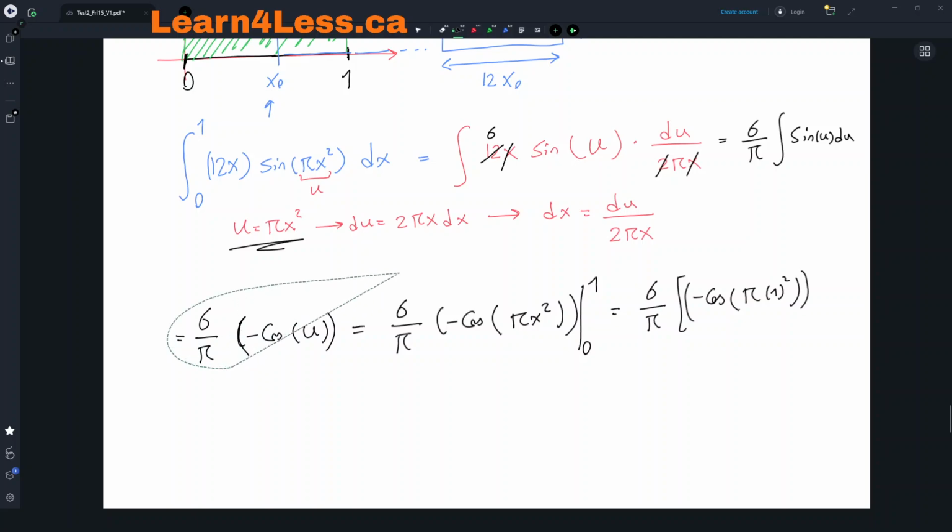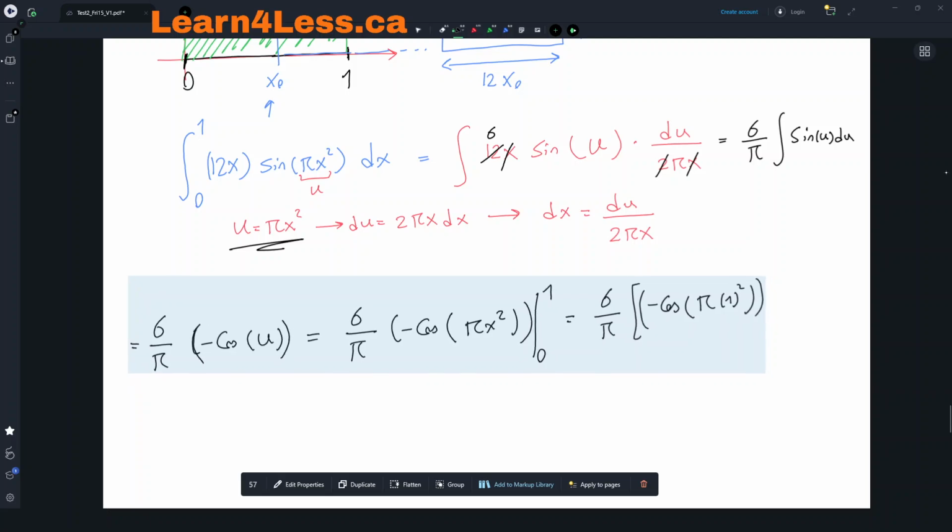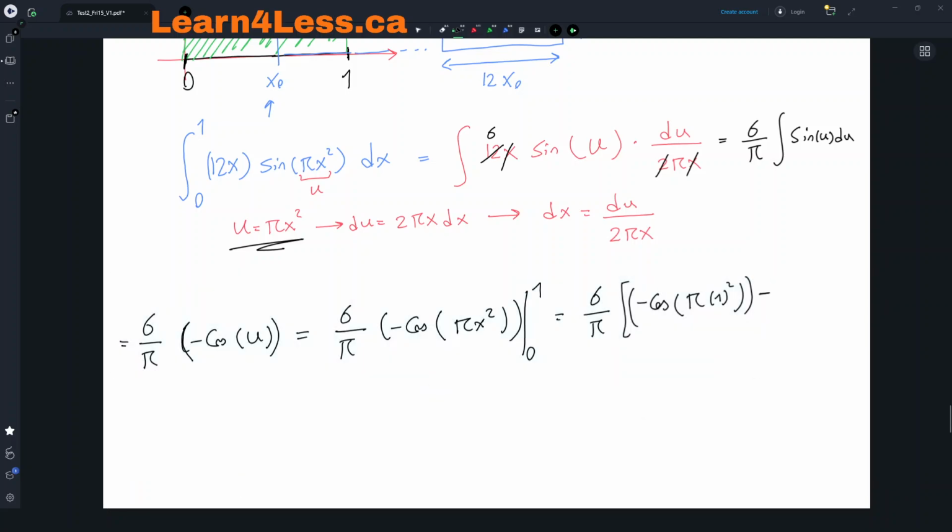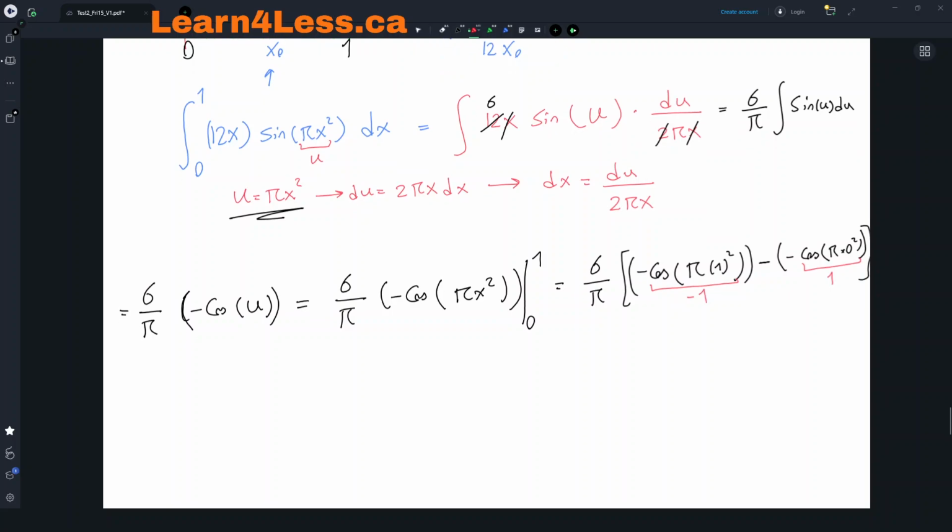Minus, when I plug in the lower bound, which is 0, negative cosine of pi times 0 squared. So here we have cosine of 0. Cosine of 0 is basically just 1. And here we have cosine of pi, which is negative 1. We need to memorize them.